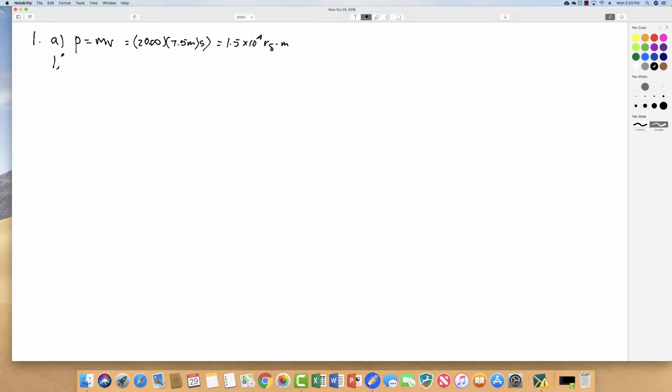The second part of this problem states, compare the elephant's momentum with the momentum of a 0.04 kilogram tranquilizer dart fired at a speed of 600 meters per second.